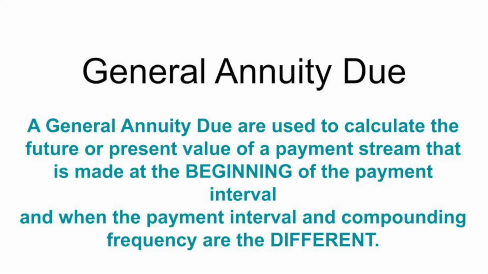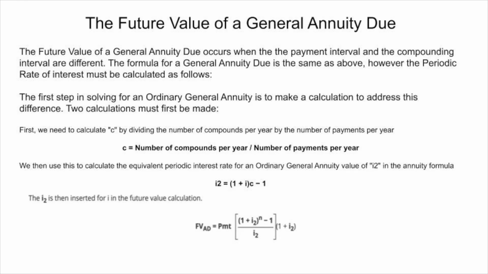Now, from the perspective of an annuity due, the payment stream is really related to it being at the beginning of the period. The payment is made at the beginning of the period. So it's important that we understand a general annuity due when we see one.